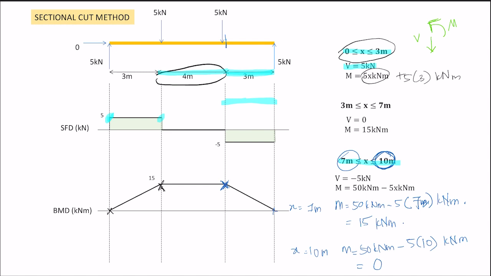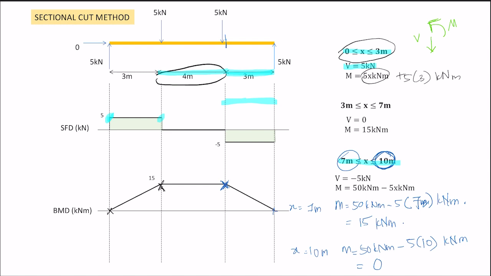The same. You will get the same answer, but the sectional cut method is a bit harder because you have to cut into sections, and you will get the actual value. Just substitute the value of X if it is needed. But the sectional cut is much more useful when you do beam analysis. For example, if you have a uniformly distributed load, the answer using the graphical method won't be that precise.